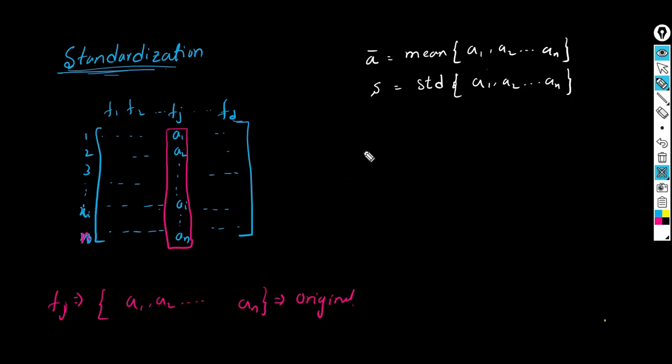Now we convert this by standardization: ai dash equals ai, the original value, minus the mean of the feature, divided by the standard deviation. By doing this we get values roughly from -1 to 1, and the data is in a normal distribution.